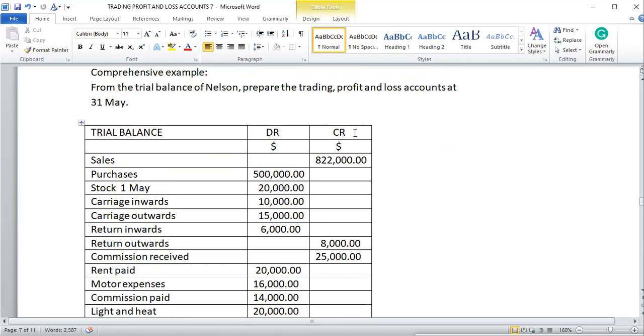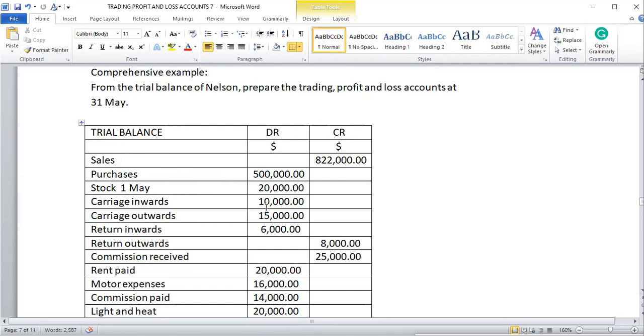Let us continue. The dates, the debits, and credits, and all the particulars are here. We have sales, $822,000. Purchases, $50,000. Opening stock, the stock at 1st May, that's the opening stock, $20,000.